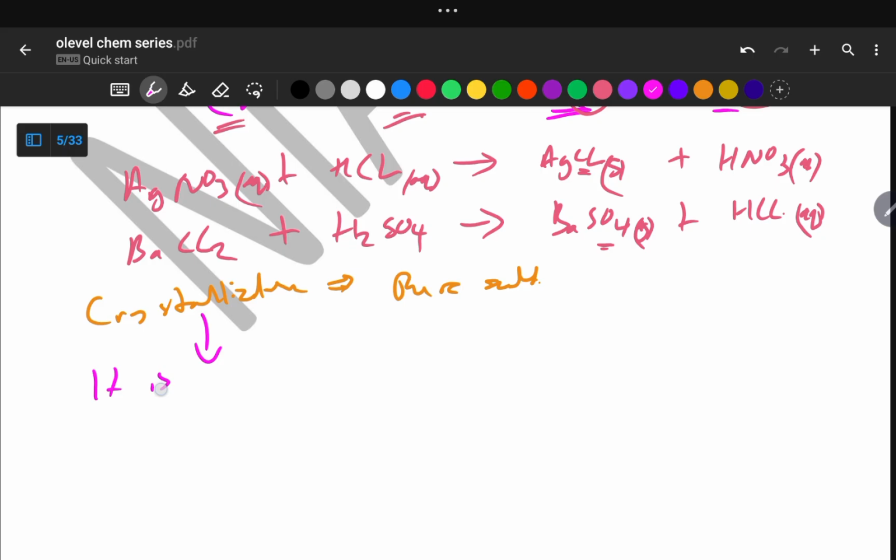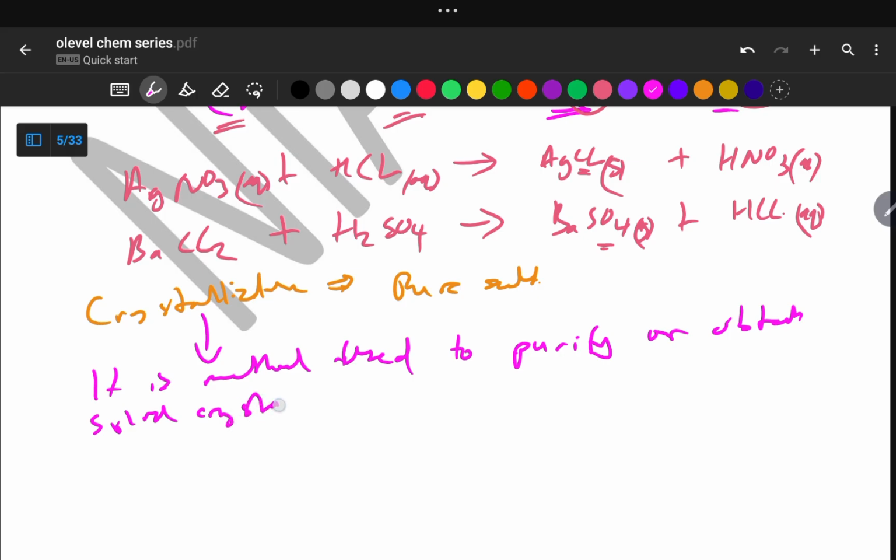So it is a method used to purify or to obtain solid crystals of a dissolved salt from a solution. So this is the definition for crystallization.